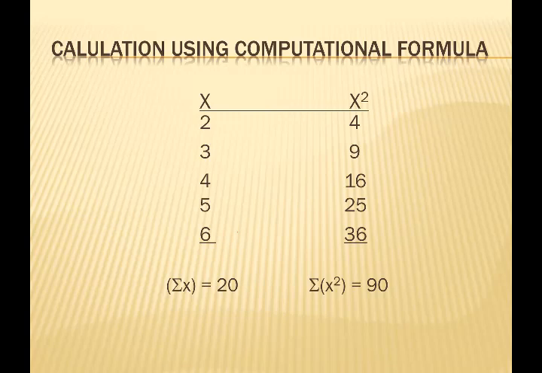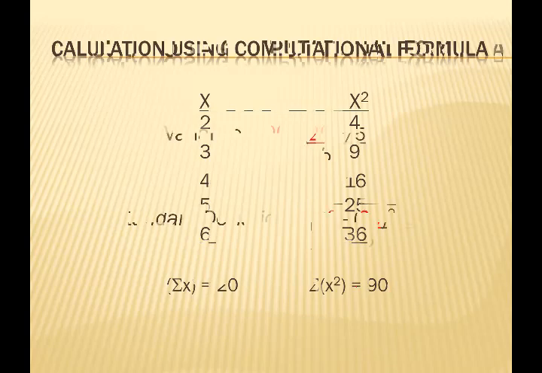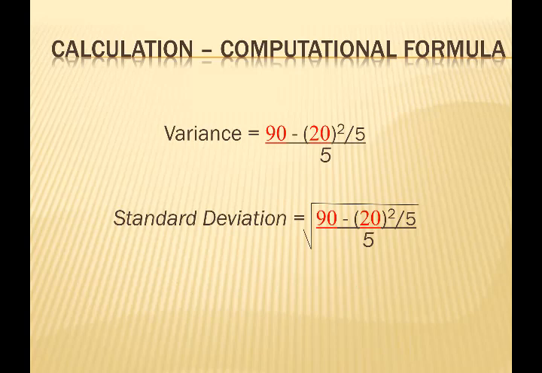With this data, which is the same data we saw earlier, we would need the total of x's and the total of squared x's. So when we add up all the x's, it becomes 20. And when you add up all the squared x's, that is x squared for each number, you have a total of 90. So in the formula, you would plug in the 90, the bigger of the two numbers, minus the sum of x, which was 20, squared over 5, all divided by 5.